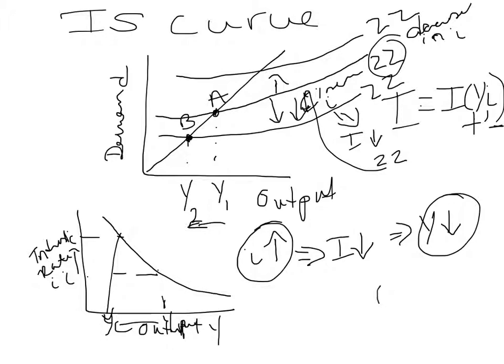Okay? So again, this curve right here, the top graph, is utilized to show you that this IS curve at the bottom is downward sloping.